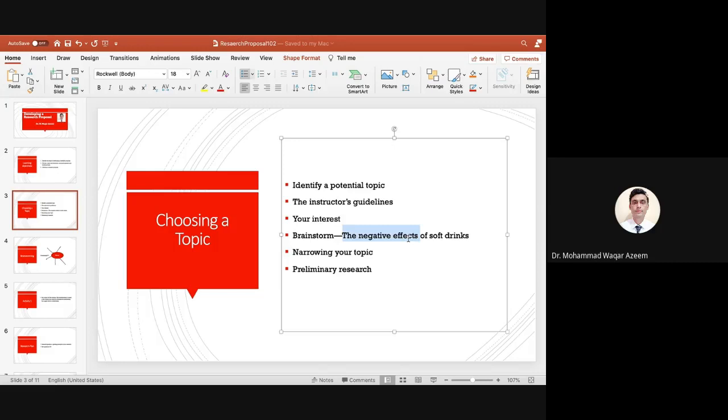So which particular negative effects one wants to study under this topic? It's not clear from the topic. So the topic is too broad. Also, when the topic says the negative effects of soft drinks, the negative effects on whom?